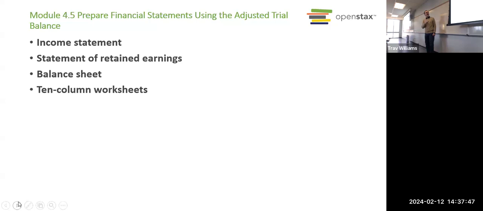Another thing we're going to get into in this chapter is you can make in a spreadsheet program like Excel, one spreadsheet that shows you your trial balances, your adjustments, your income statement, and your balance sheet all on one spreadsheet, which would be really handy.